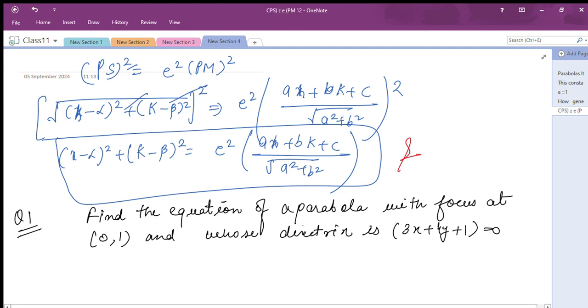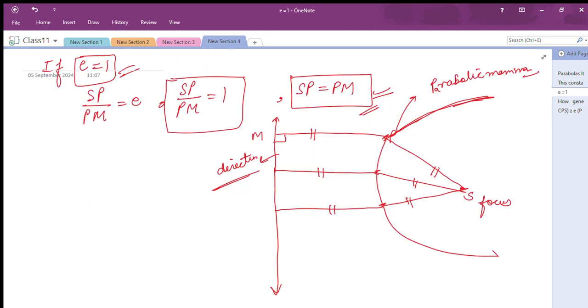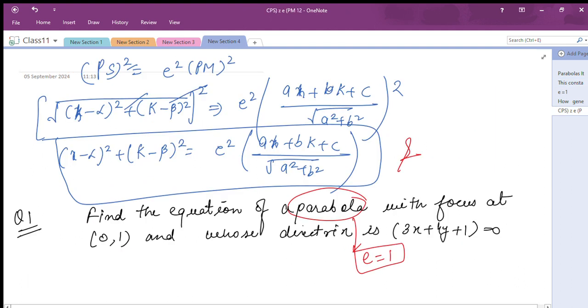So the parabola has been given, so we can say that the eccentricity will be 1. Okay, because we have taught that for the parabola eccentricity will be equal to 1. So eccentricity is 1 and focus is, this is the point S, and directrix is this. So how can you do this?